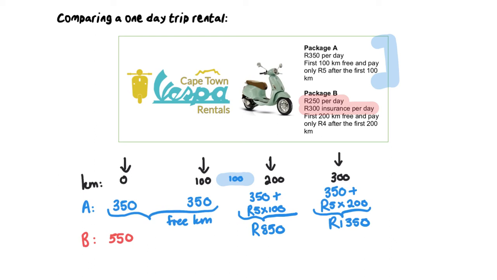It is also 550 for 100 kilometers, because remember on this package, it is free all the way up to the first 200 kilometers. You only have to pay the daily charge. So at 200 kilometers, it is going to be 550 Rand. And now you can see that for 200 kilometers, option B is actually cheaper.